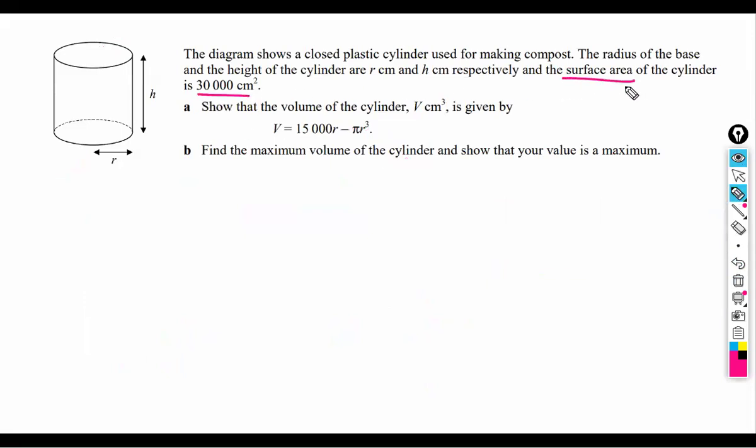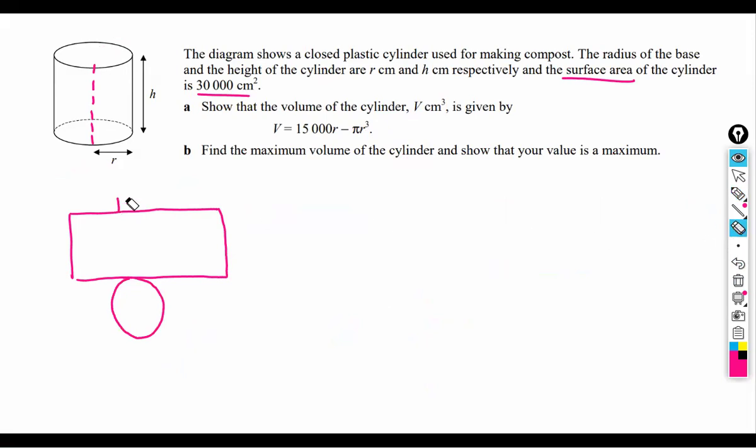They told us, right? So all I am saying is that if you unwrap this cylinder, you will get a rectangle. And you will get a circle underneath and a circle on top, the cover and the bottom, right? Over here is obviously h.